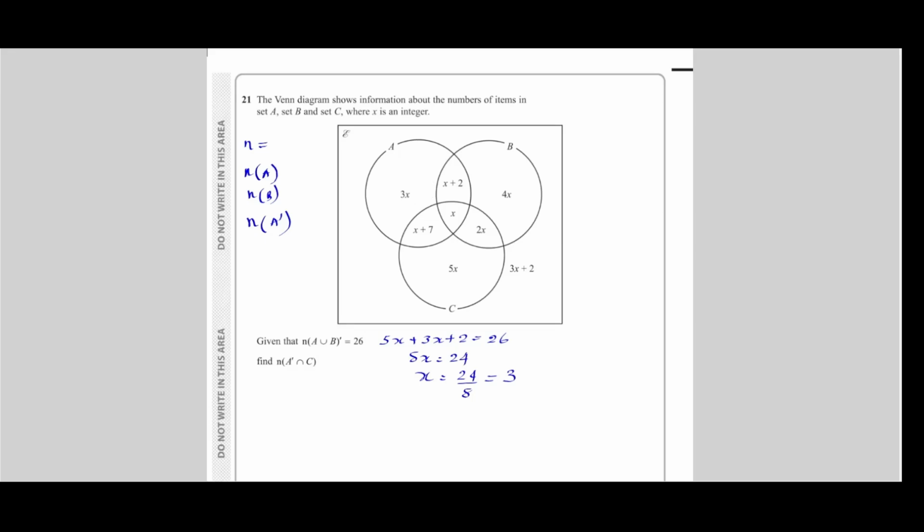It means everything other than A. Not A means everything other than A. Don't get A, but shade the rest in the universal set.